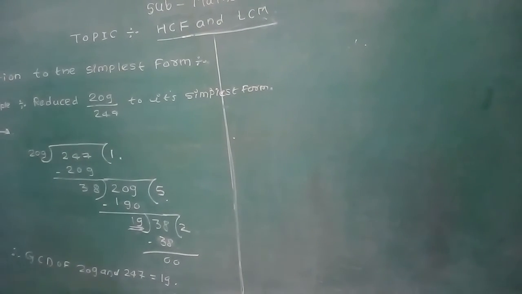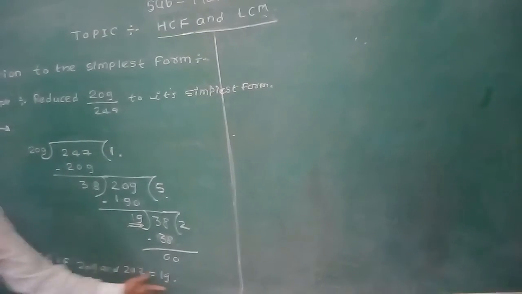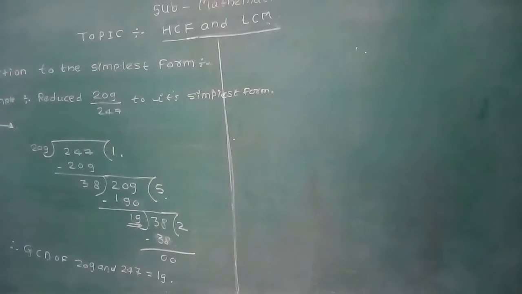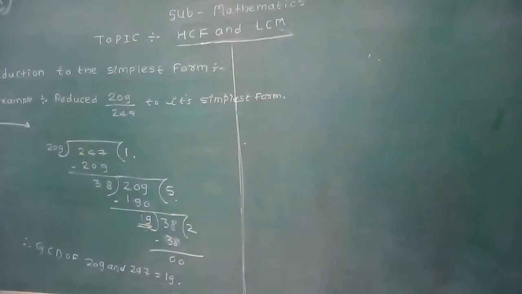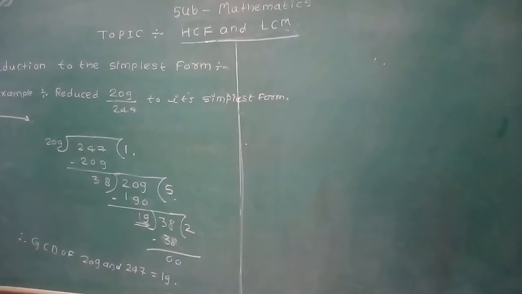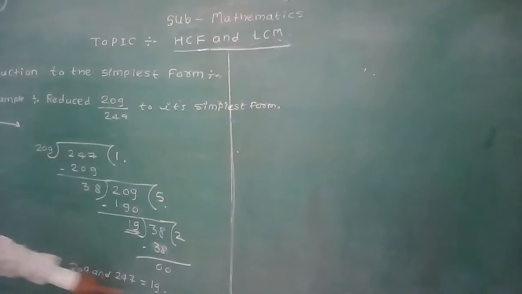So we can say that 19 is the greatest common factor, that is, numerator and denominator both are divisible by 19.